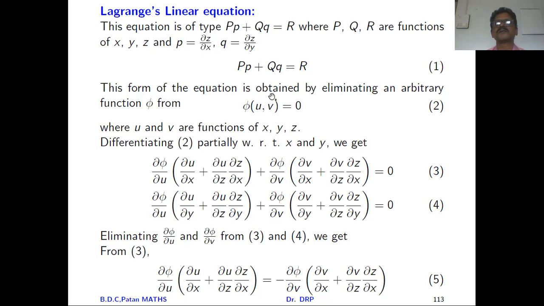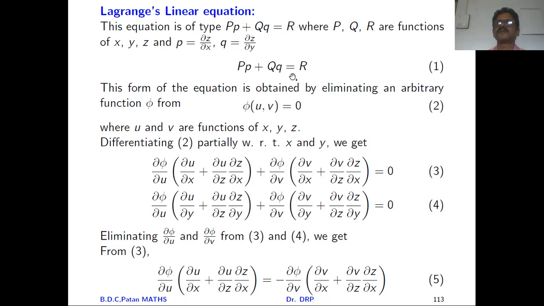So this form of equation is obtained by eliminating an arbitrary function phi from the relation phi of (u, v) = 0. Already, under the formation of a partial differential equation by the elimination of arbitrary function, we know that if you eliminate this arbitrary function phi from this relation, it gives you this equation.